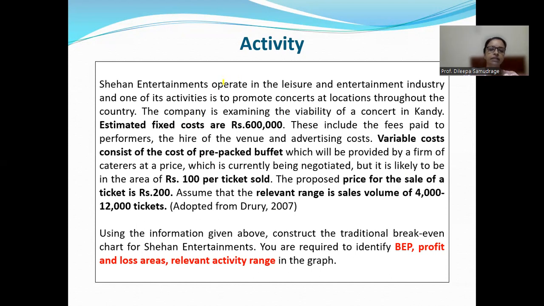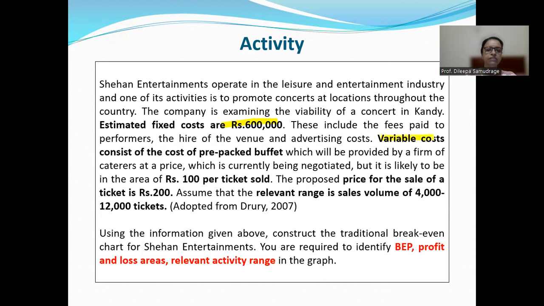So Shahan Entertainments operates in the leisure and entertainment industry, and one of its activities is to promote concerts at locations throughout the country. The company is examining the viability of a concert in Kandy. Estimated fixed cost is 600,000. This includes the fees paid to performers, the hire of venue and advertising cost.